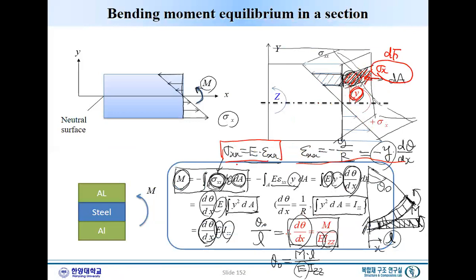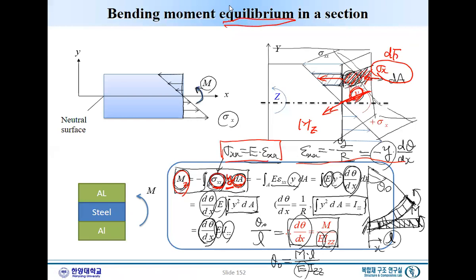And this force times y will cause a moment with respect to this line, right? So there will be a moment in z direction. So moment z is the integral of sigma x, dA, and y. That is the equilibrium equation at the cross section.